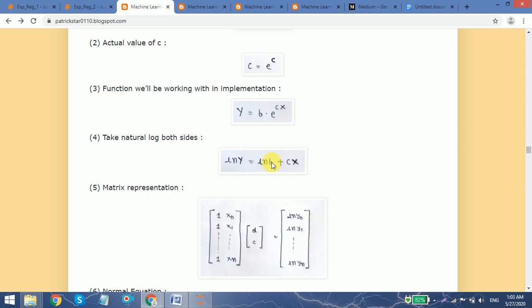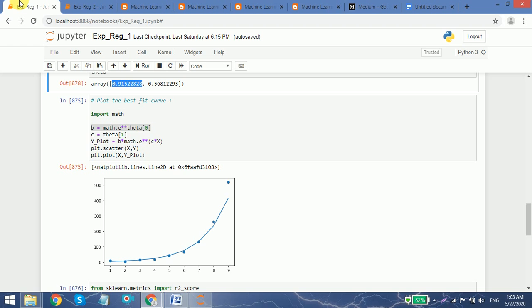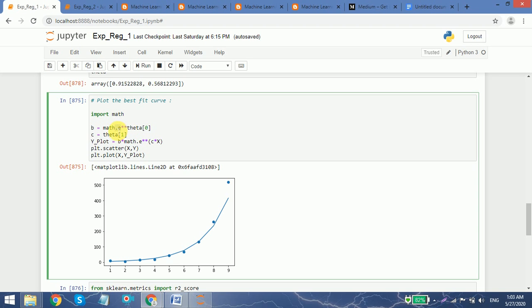So to convert the log b value to our original value, we take the base as e and then take the power as our theta 0 value.